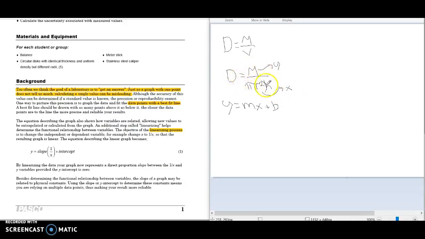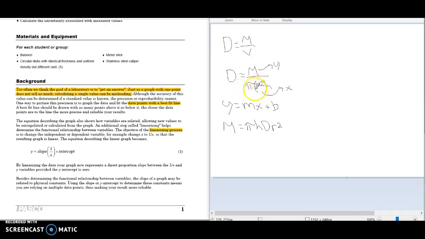Now let's just rearrange this equation so that everything's on one line. We're going to put this quantity on this side over here. So we have mass equals pi h d times r squared.